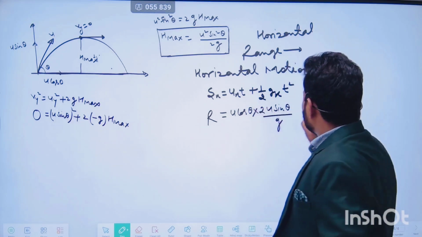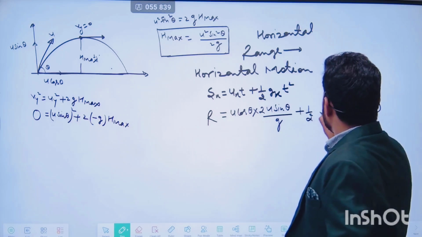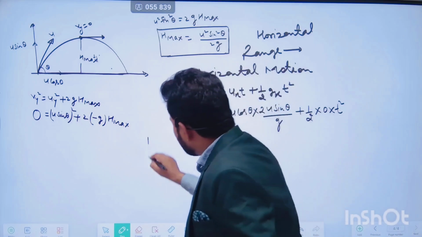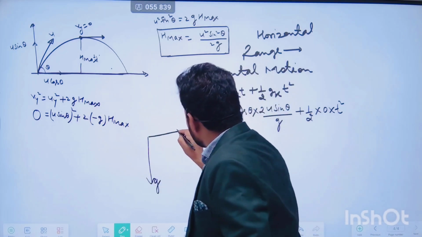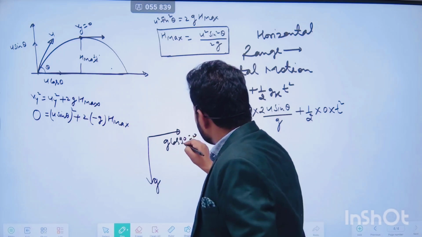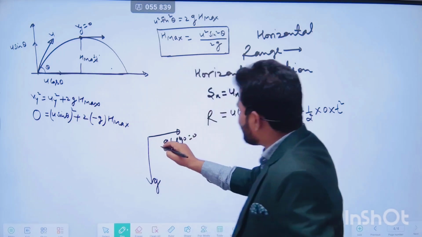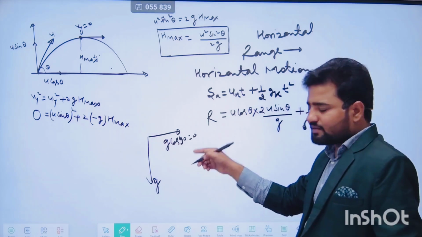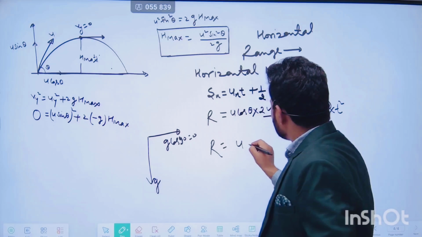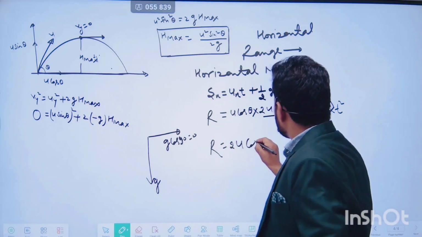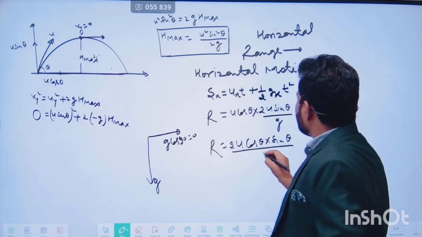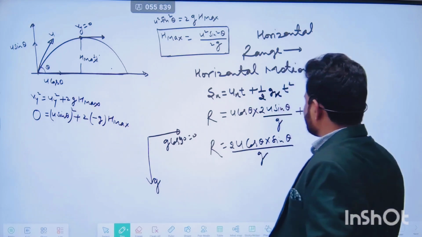From here, the 1 by 2 gx term is going to be 0. Why are we taking gx as 0? We all know that this is g, and in horizontal direction it is g cos 90. So the net gravitational acceleration in horizontal direction is 0. So from here we get R is equal to u times 2u cos theta into sine theta divided by g.